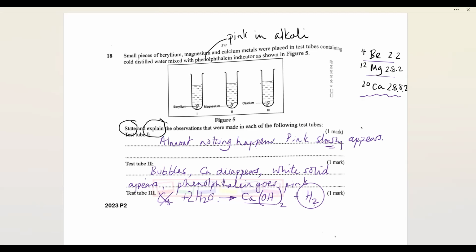So in the end, they're all going to go pink, but this is going to be slowest, then faster for magnesium and fastest for calcium. As for bubbling, the first one will hardly bubble at all, the second one very slow, and the third one much quicker. And the answer to explain is because as we go down the group, they become more reactive.